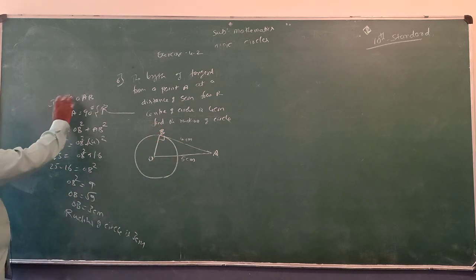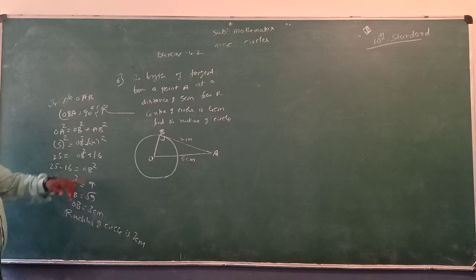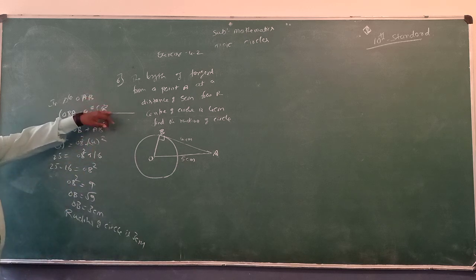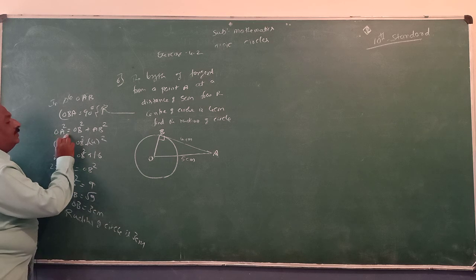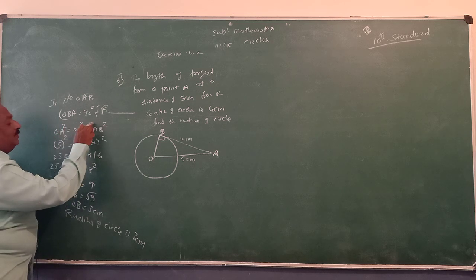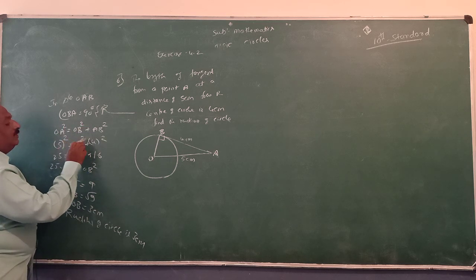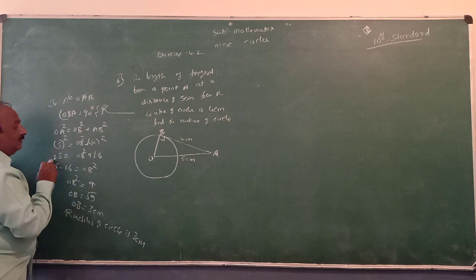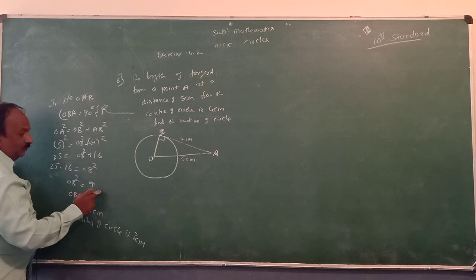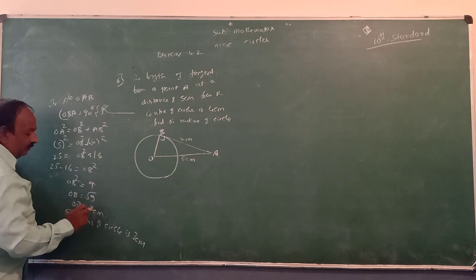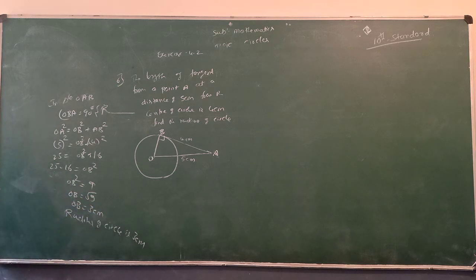In the triangle OAB, angle OBA is equal to 90 because the radius drawn at the point of contact is perpendicular to the tangent. Therefore, OA square is equal to OB square plus AB square. 5 square plus OB square is 4 square. 5 5s are 25, minus 16 is equal to OB square. OB square is equal to 9. OB is equal to root of 9, which is 3 centimeter. The radius of the circle is 3 centimeter.